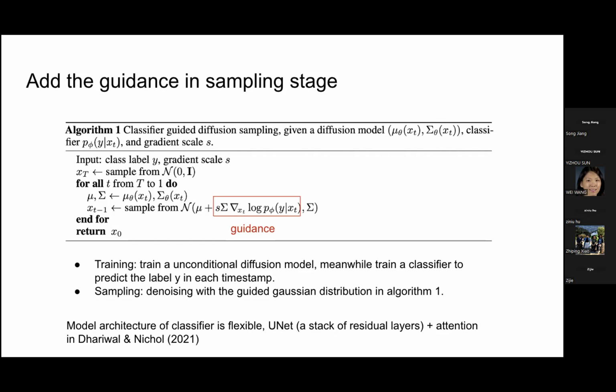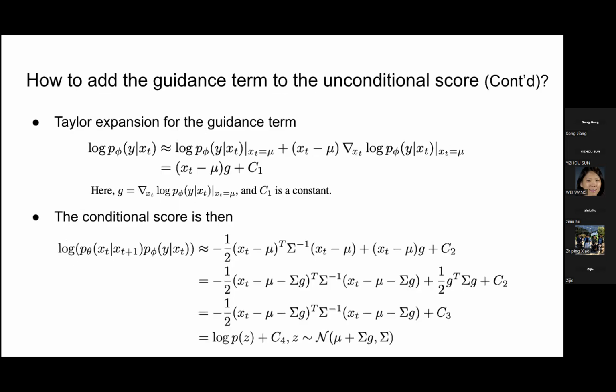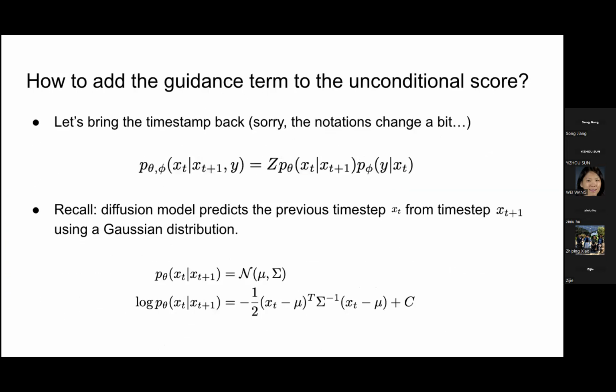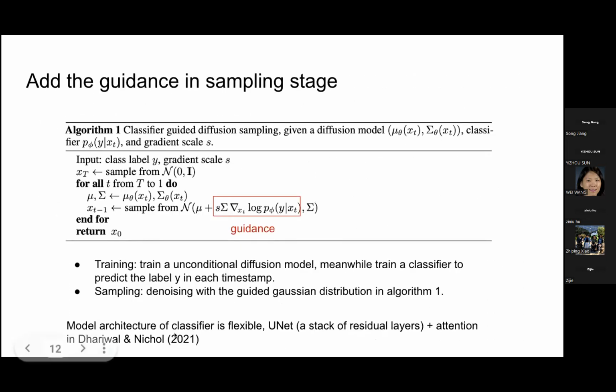In order to really understand how they train the model, instead of just talking about the sampling part, we also need to understand how they do the training in practice. Actually, in this paper they trained the classifier with basically not a pre-trained model, but a model with a similar structure to the diffusion model, just used as a classifier.